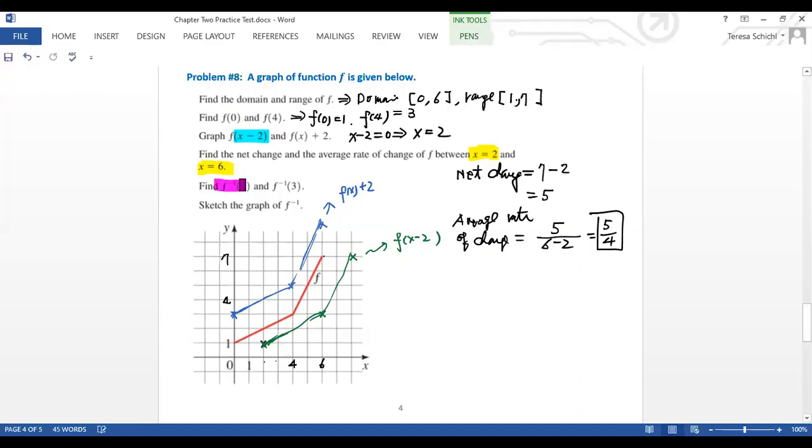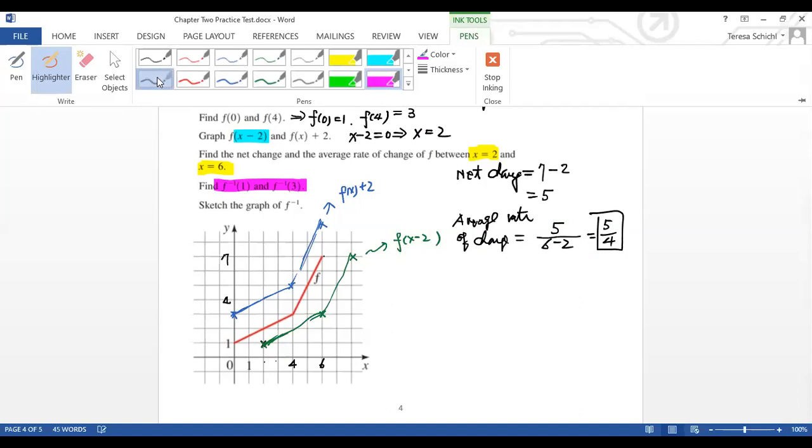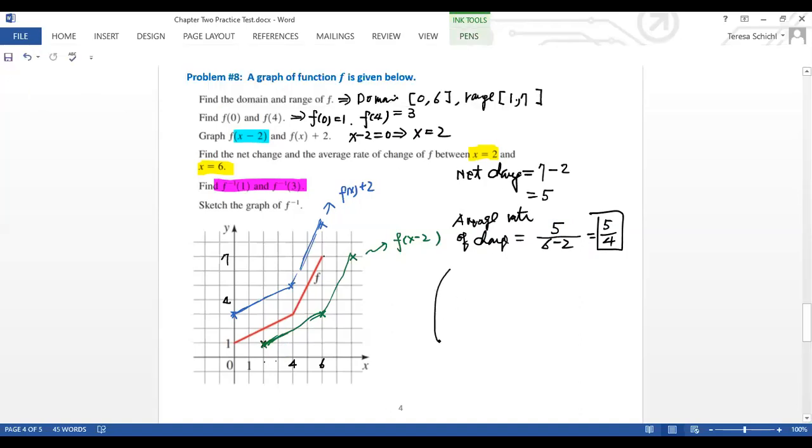This one here, I want to find f inverse of 1 and f inverse of 3. Remember, what does f inverse mean? Remember, if you have two things here, this is the x value, this is the y value, right?